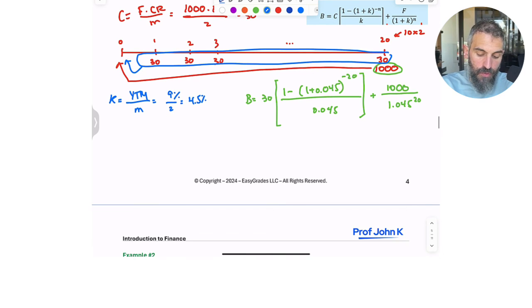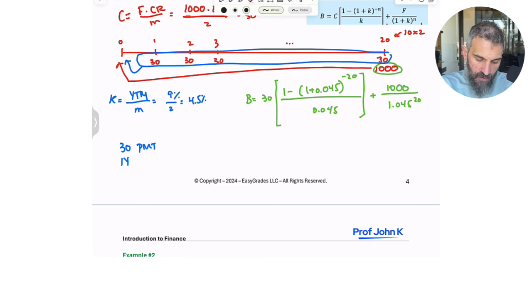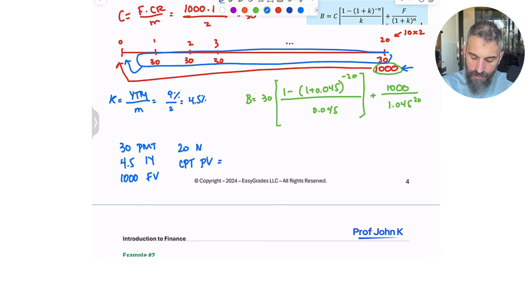Now, for those of you using a financial calculator, you're going to enter your payment as 30 because the coupon is your payment. Your I over Y is the 4.5. It's the same things. You're just punching it into your calculator instead. You're going to write 4.5 IY. 1,000 is your future value because that face value is in the future. 20 is your N, and you'll compute the present value.